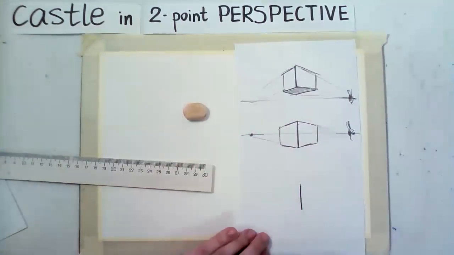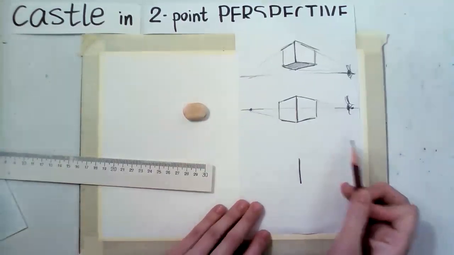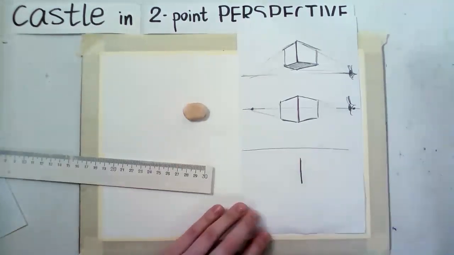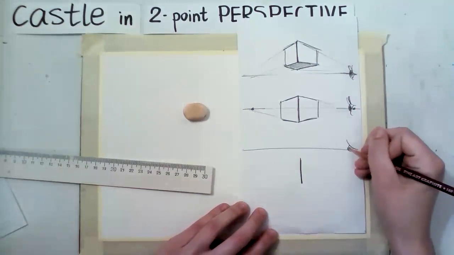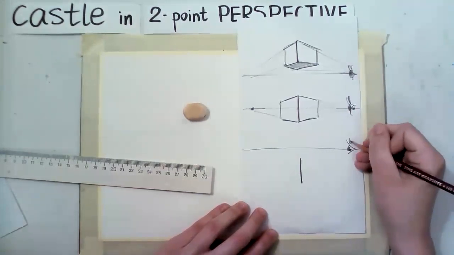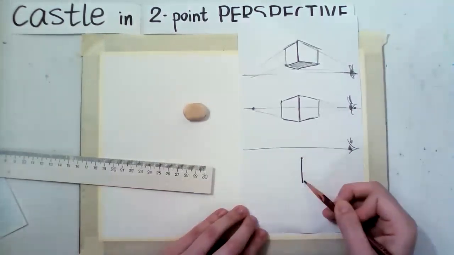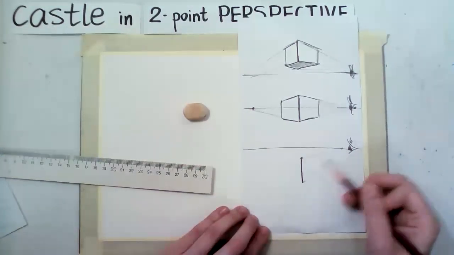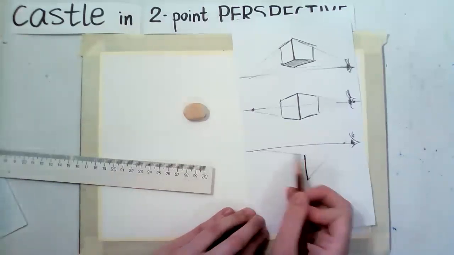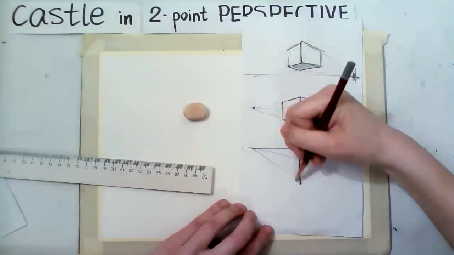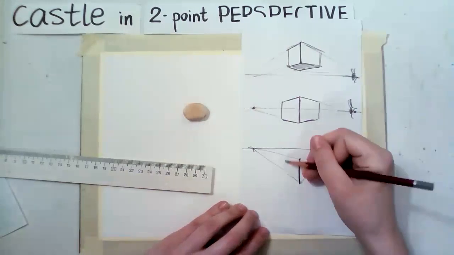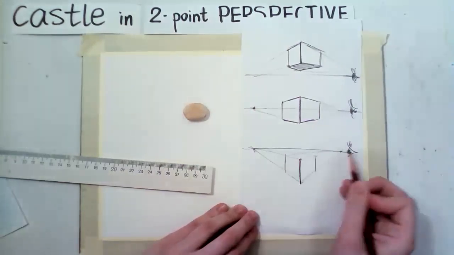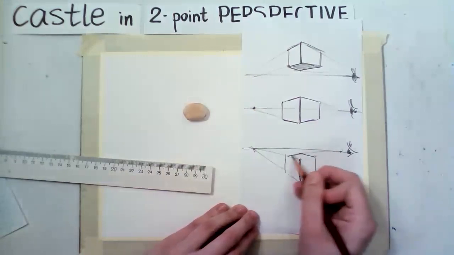And it can be the story when I'm flying up. Maybe I'm a bird and my eye level is up. You remember the lines are always going to the horizontal line, and here they're going to the horizontal line. It means I'm gonna see the top, so I'm seeing the roof.